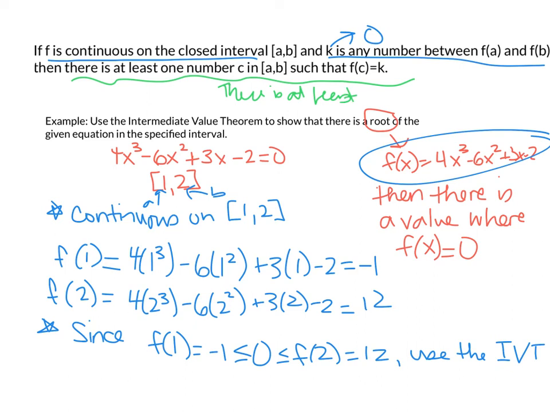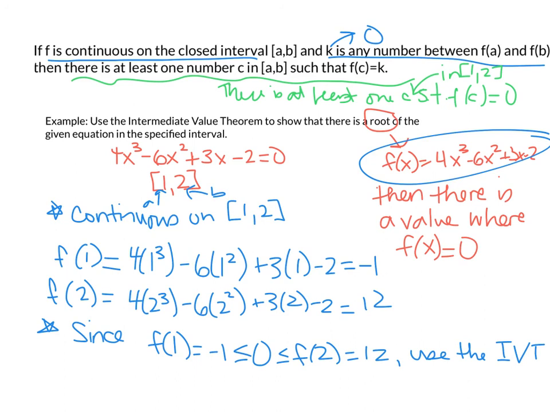We're not going to bother trying to find it. It's a lot of work. Such that, I'm going to write ST as an abbreviation. Sorry, it should be at least one c in [1, 2] such that f of c is equal to 0. That's because k is equal to 0.